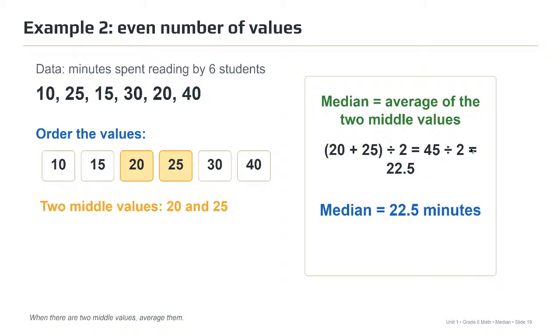It's okay if you have a decimal, but this is the rule: you add the two middle values and divide by 2. Not all problems will have an odd number of values, which makes it easier. Sometimes you have to do this.